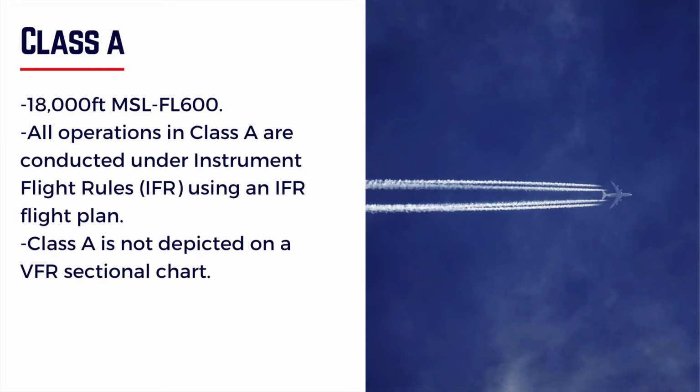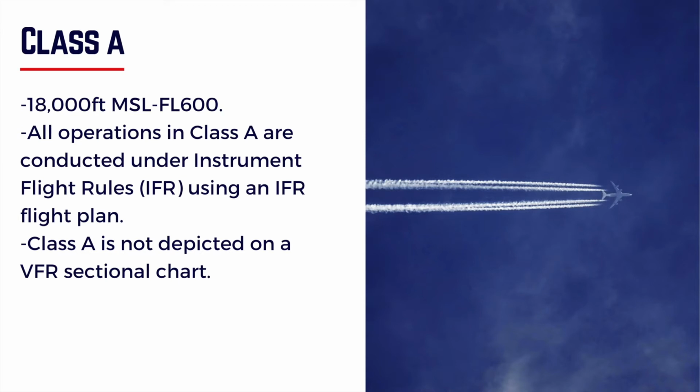So Class A goes from 18,000 feet mean sea level to flight level 600. Flight level is simply another form of altitude. Once it goes above 18,000 feet mean sea level, the altitudes are expressed as flight levels.